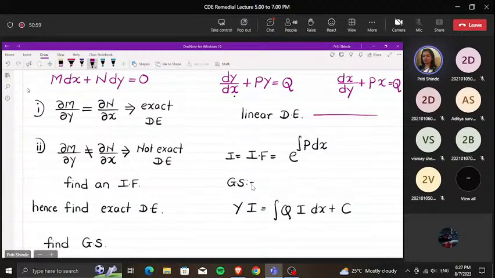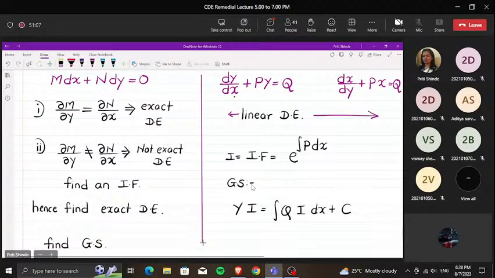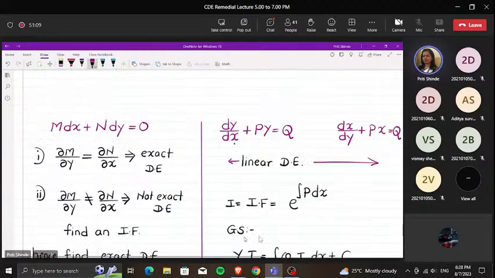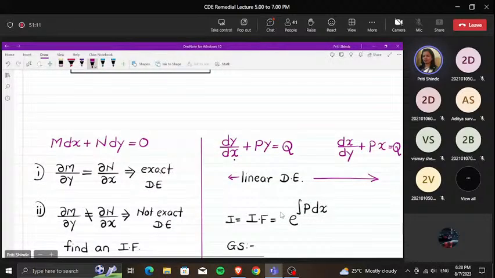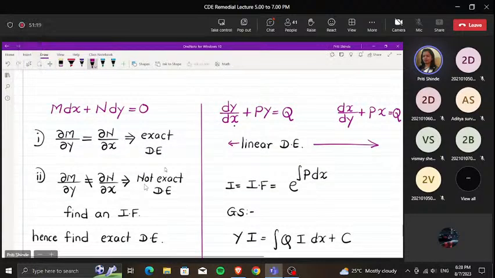First is exact or non-exact differential equation. Now you can solve. For this exam, we have included exact and non-exact differential equations using the first four rules, and for linear differential equation, either linear in x or linear in y, only this part.